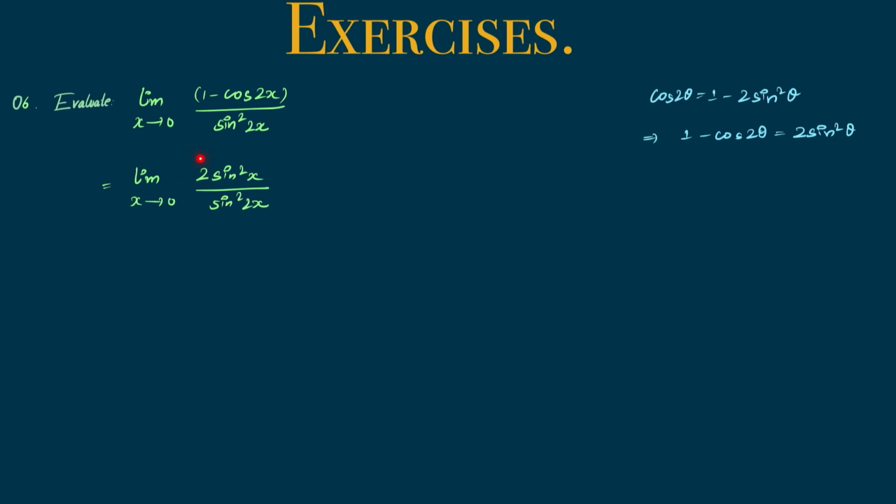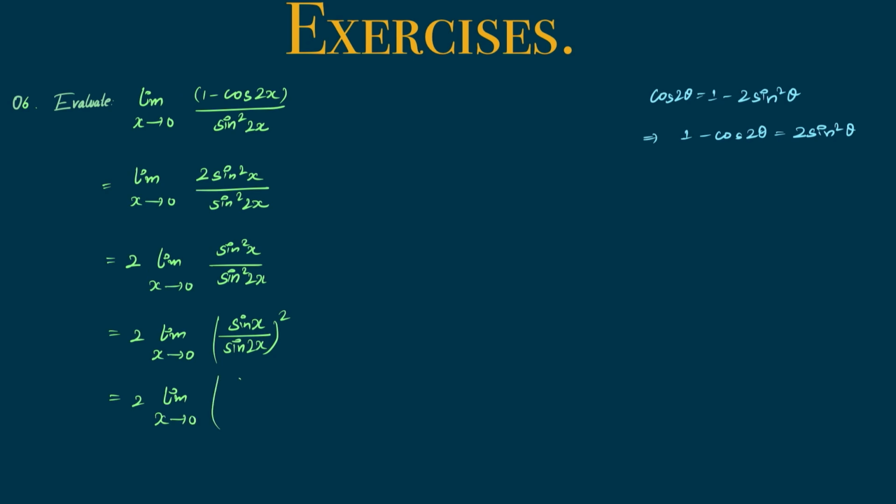Now since this 2 is constant, I will take it outside, so it will be 2 limit x tends to 0 sine square x by sine square 2x. Now as you see, both numerator and denominator have a square, so I will write sine x by sine 2x whole square, and this will be equal to 2 limit x tends to 0.